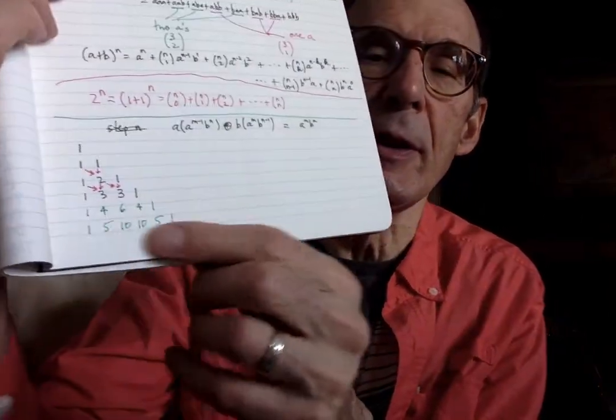And then we can blast through another. It's 1, 5, 10, 10, 5, 1. Once we have that pattern, we can do these pretty quickly. And so there's the situation. So we better put a dot, dot, dot at the end. This is known as Pascal's triangle.